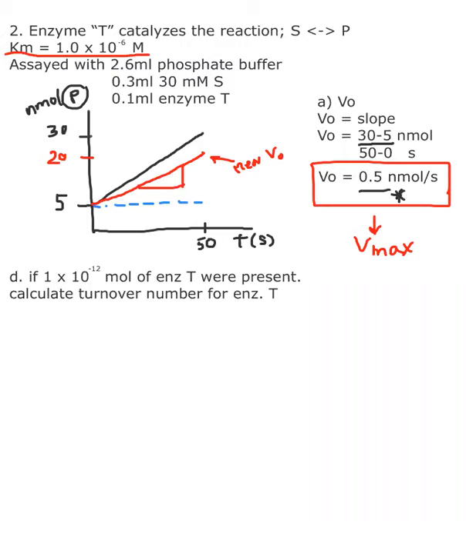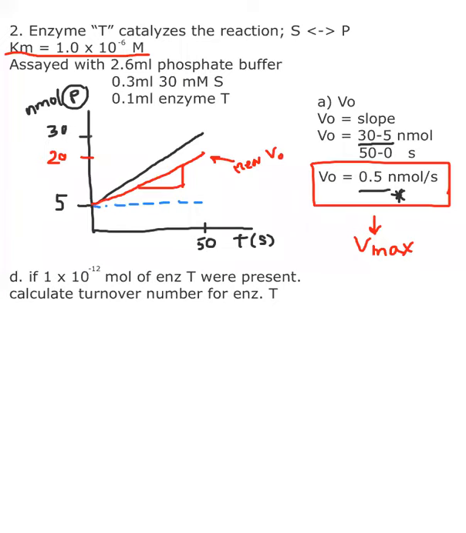Here, you notice that the amount of enzyme that we have is just 10 to the negative 12 mole, whereas this amount of enzyme has to convert substrate at about 0.5 nanomole per second.